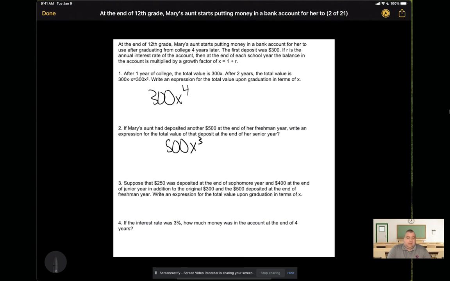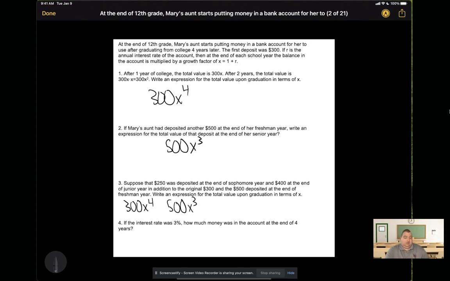Her aunt is making a total of 4 different investments. She first deposits $300, which collects interest for 4 years. That was the initial investment. She then deposits $500 at the end of her freshman year, and that collects interest for 3 years.